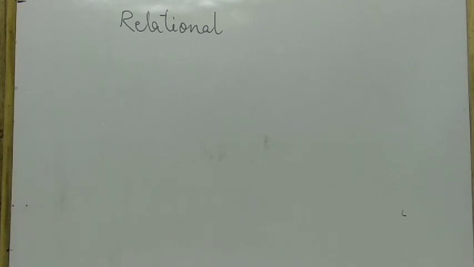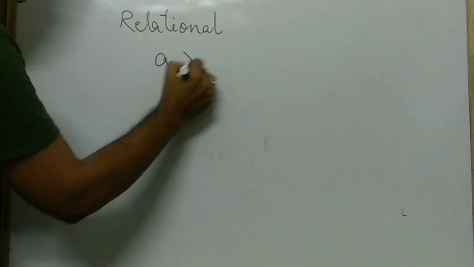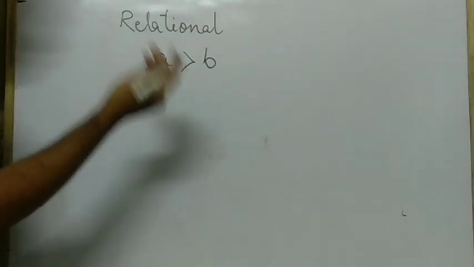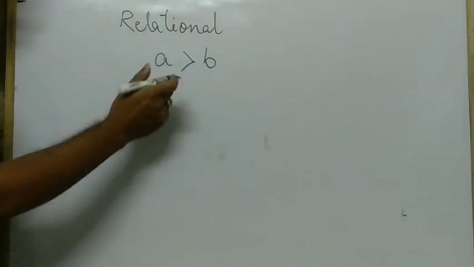These operators help us to relate two operands. Like A greater than B. That means it relates A with B. It establishes a relationship between A and B.